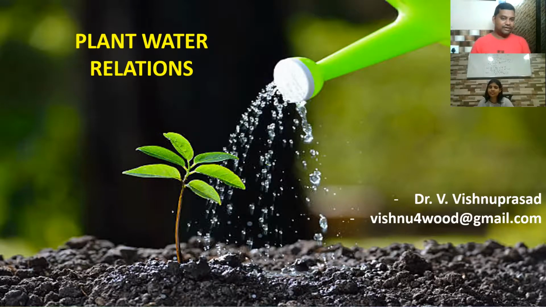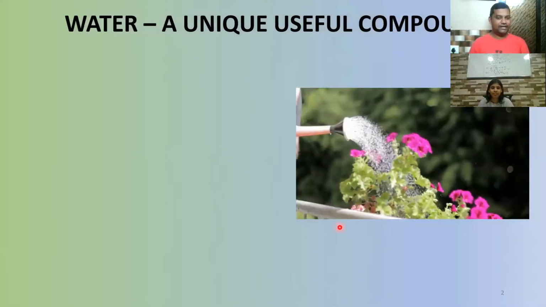So when you are talking about plants, you know very well that we are talking about the relationship of plants with water. When you say plants with water, water is such a unique compound which the earth has created.